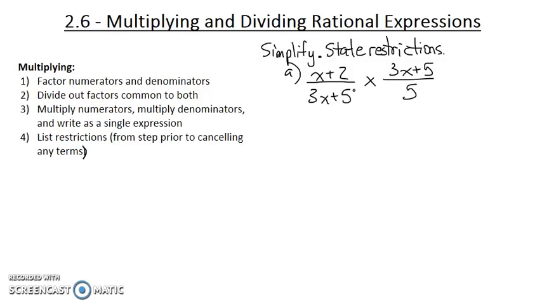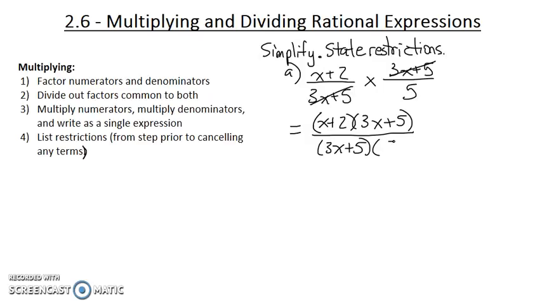And some of you right away are going, well, that's obvious. I can cancel the 3x plus 5 and the 3x plus 5, and that's all that's left. And you're absolutely correct. In fact, you could go ahead and write this line as shown. Really, that's the same thing.